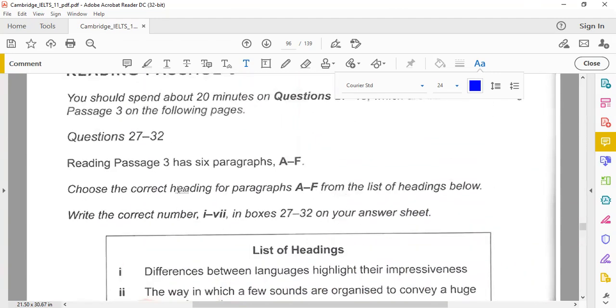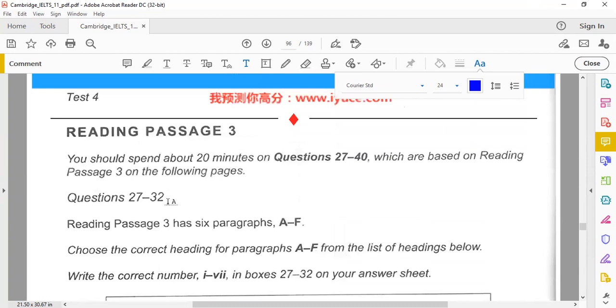Okay, so we see here questions 27 to 32. This is very important to note. Remember, in passage one normally there are 13 questions, but questions may be between 12 to 15.